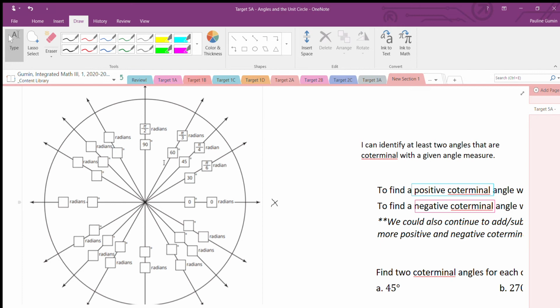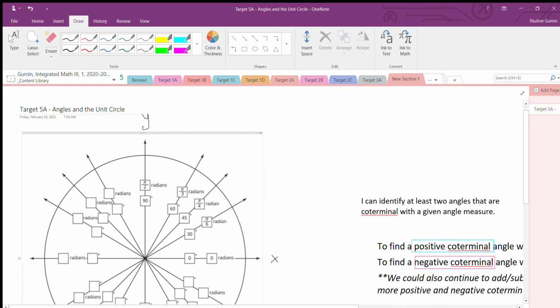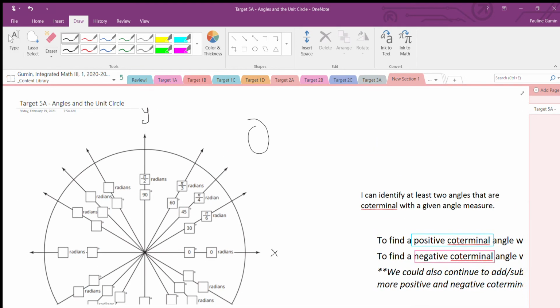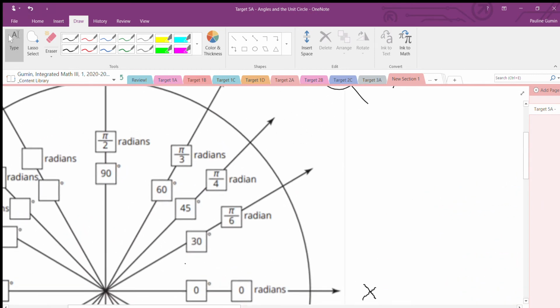They are all going to depend on that first quadrant. That first quadrant, and let's label it quadrant 1, has our reference angles. So anything that we do in quadrants 2, 3, 4 is with reference to quadrant number 1. So, like I said, everything depends on quadrant 1. There is a pattern between these angles that we're going to find and follow.